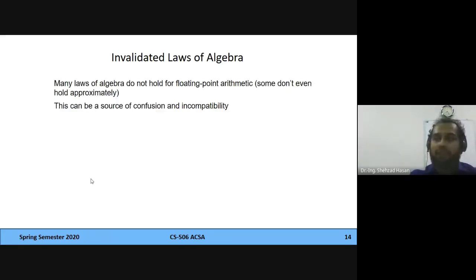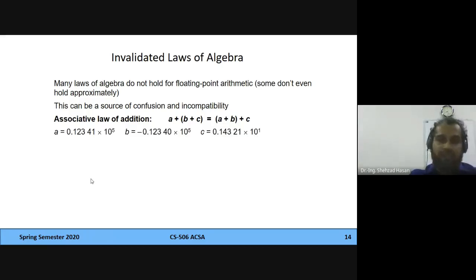So we see here in floating point numbers, many of the arithmetic laws that we have studied are not working. They don't work in floating point arithmetic. So for example, the associative law of addition: a plus b plus c is not equal to a plus b plus c done in the other grouping, and this is shown with an example.